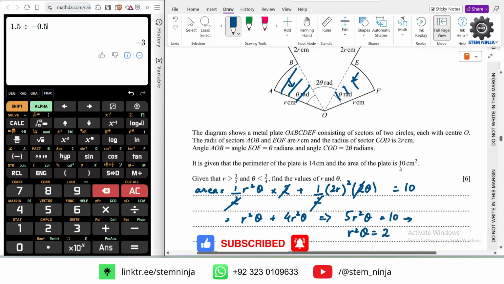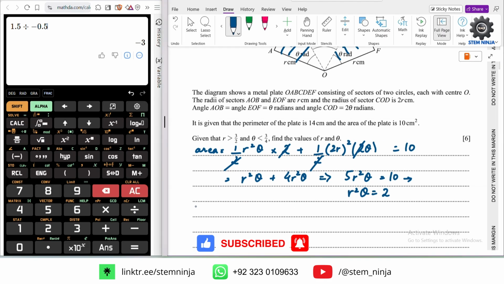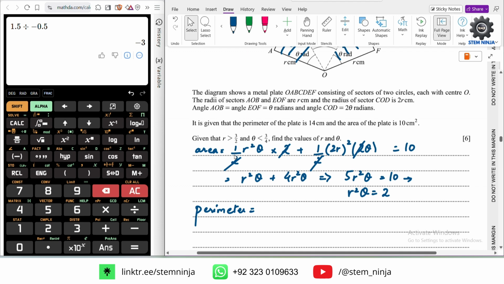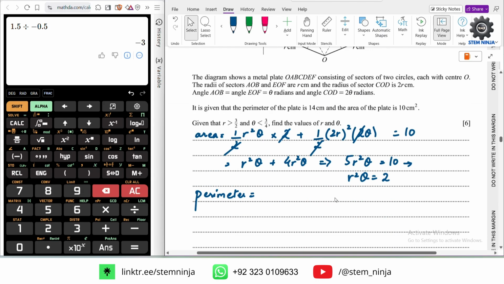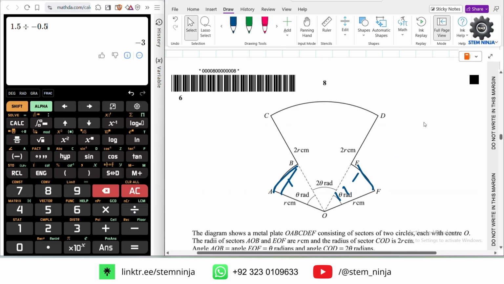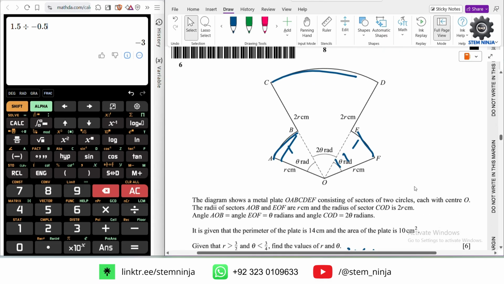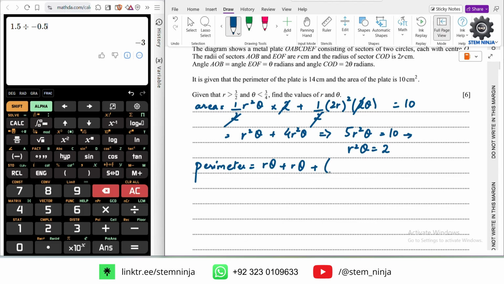Okay, now we work with the perimeter. Okay, so first we need the arc lengths. r theta plus r theta plus r theta plus this arc length, so 2r times 2 theta.